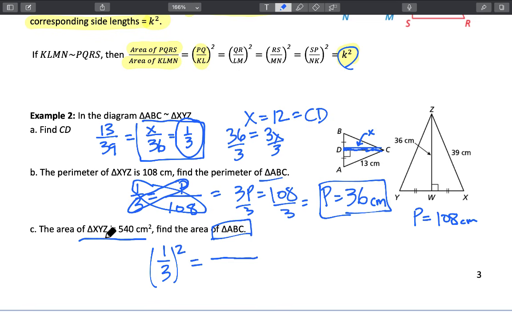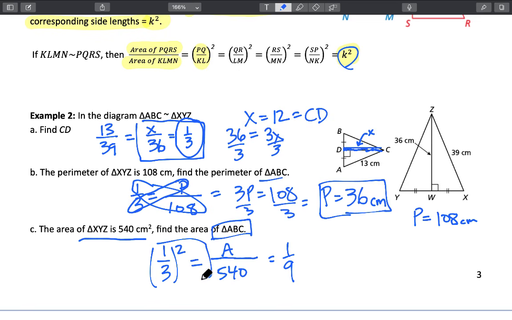Now the larger one here, triangle XYZ, is going to go on the bottom again, 540. I'm not going to worry about the units just yet, and we'll call that variable A. All right, before I do my cross multiplication, I need to square this ratio. 1 squared is 1, and 3 squared is 9. So this is really 1/9.